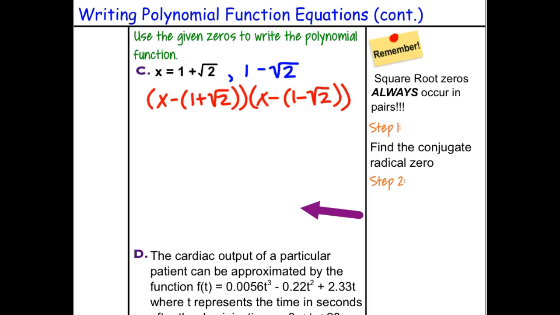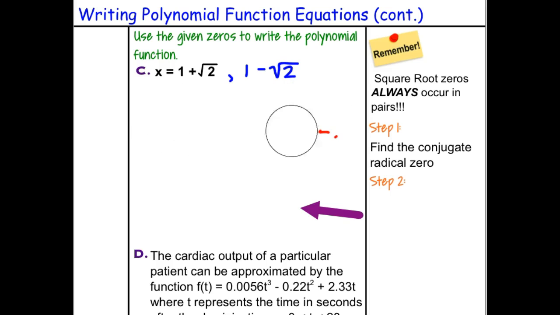So you would distribute that negative, so you'd really have x minus 1 minus the square root of 2 times x minus 1 plus the square root of 2, and then you would have to FOIL out these trinomials. We are not going to do that, so instead we're going to just erase that, and I'm going to show you how you're really going to do it.